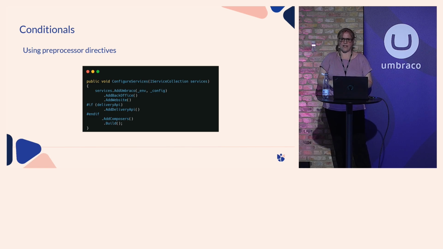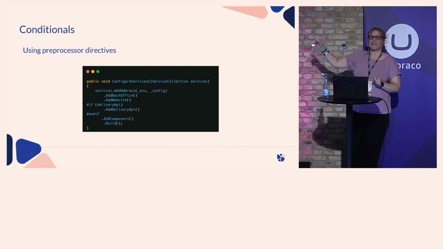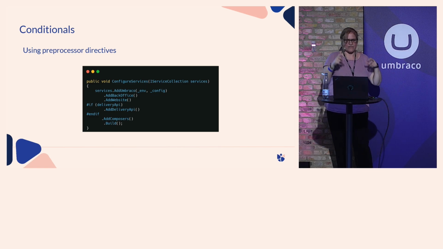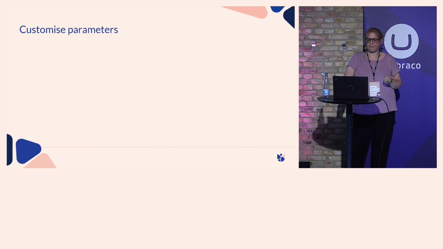We don't need to do that anymore, so that's kind of ruined my demo. Thanks, Umbraco. But anyway, you could wrap an #if #endif preprocessor directive around the C#, and then it would only get put in the output if that parameter was true. And of course, it removes the #if, #endif statements, so those wouldn't be there in your output.